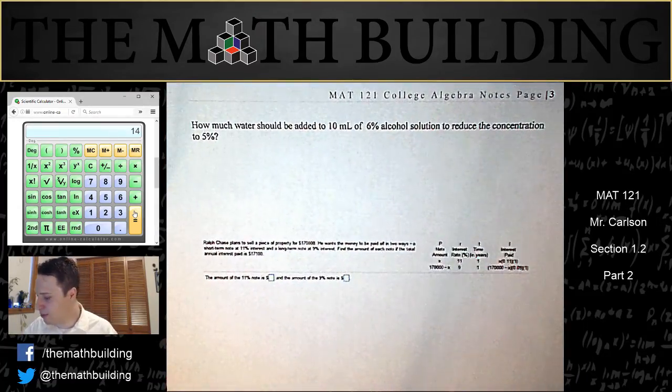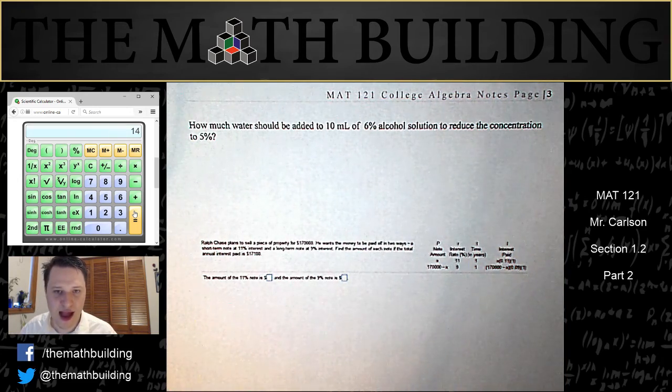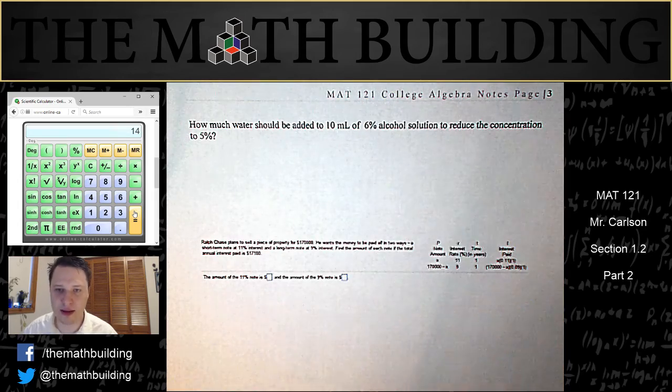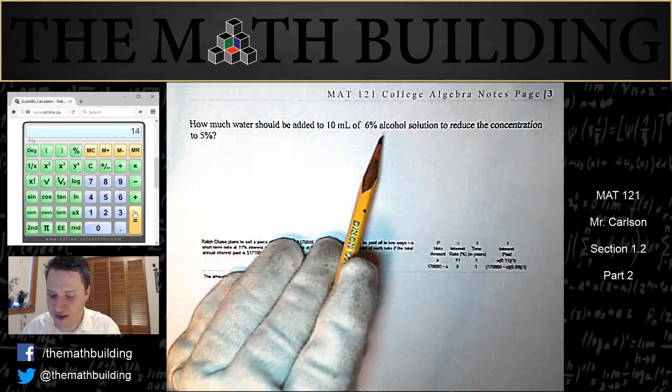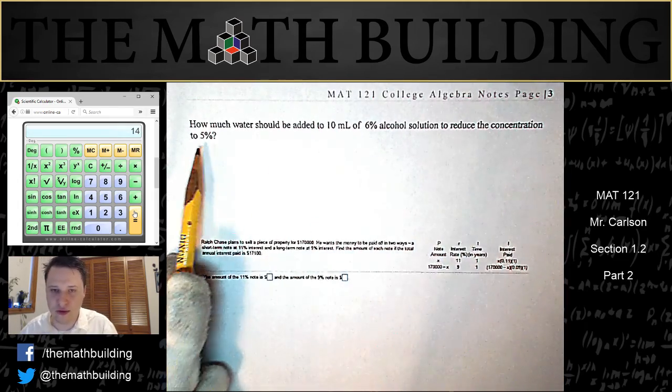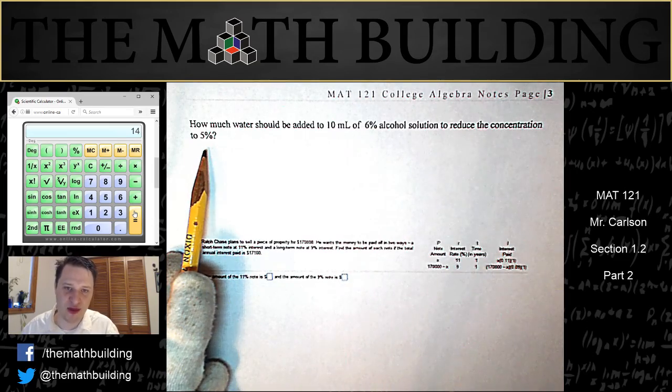So mixture problems can be tricky, but let me show you how to do them. It says, how much water should be added to 10 milliliters of a 6% alcohol solution to reduce the concentration to 5%?